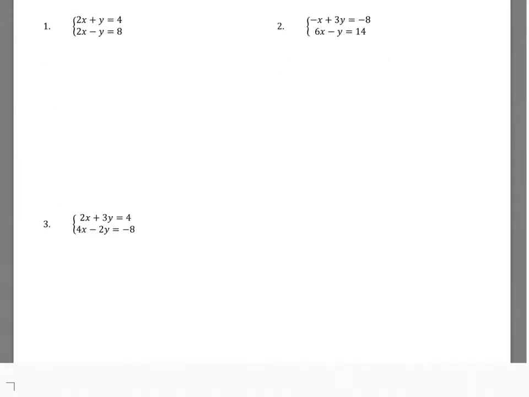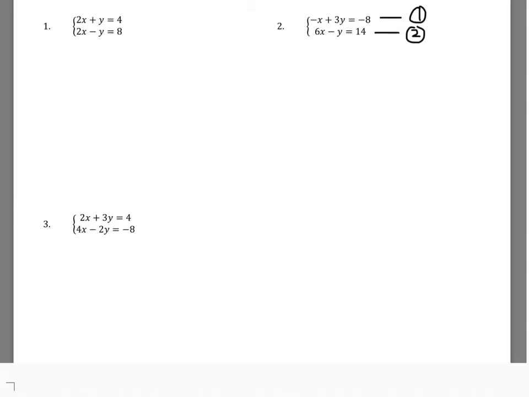Question number 2. How do I eliminate one of the variables to solve the problem? Like I did with the first example, I'm going to name my first equation number 1 and the second equation number 2. Notice that in the first equation the coefficient of y is 3, and in the second equation the coefficient of y is negative 1.